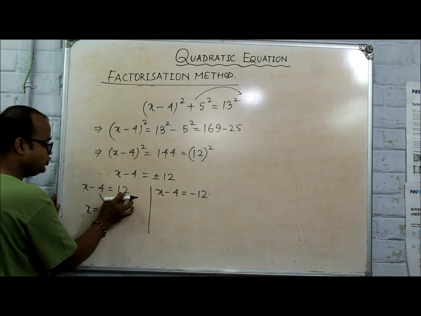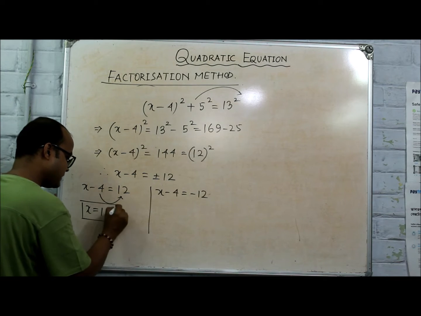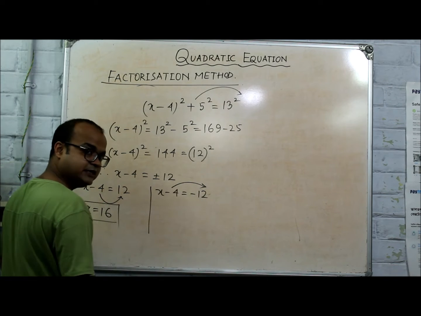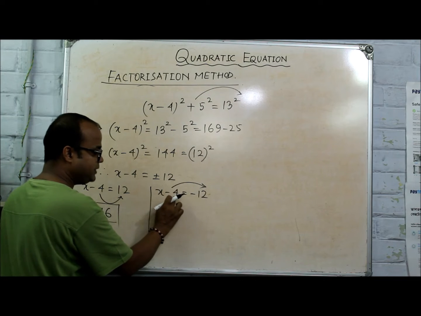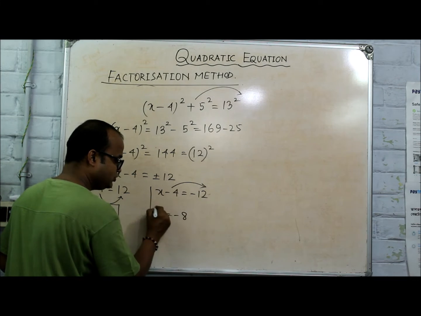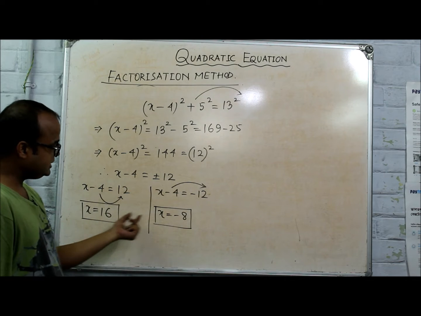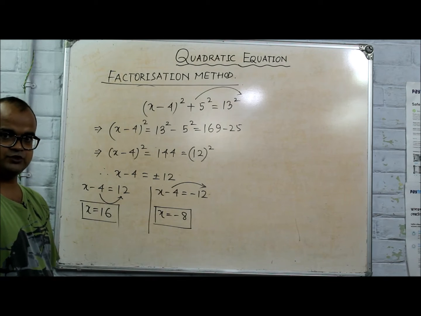So x is equal to 12 plus 4, which is 16. In the same way, x is equal to minus 12 plus 4, that is equal to minus 8. So x is equal to 16 and x is equal to minus 8 is a solution of this equation.